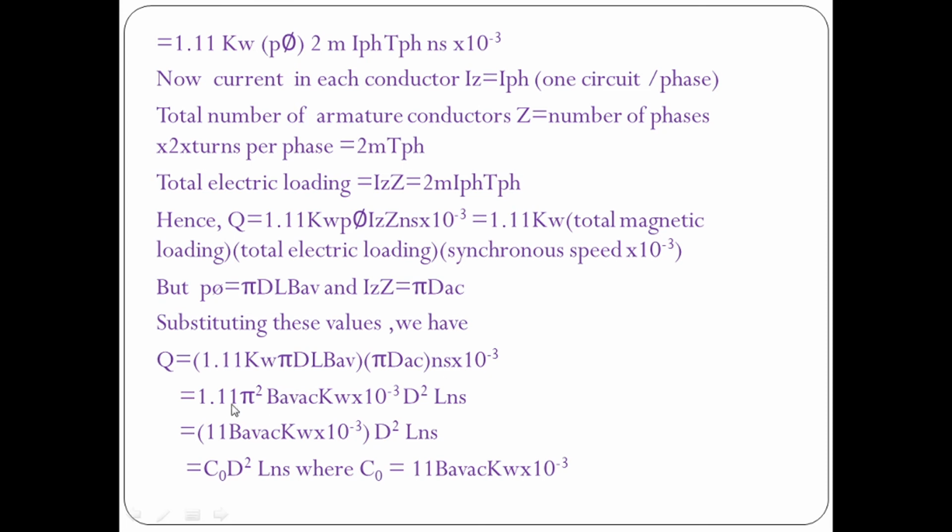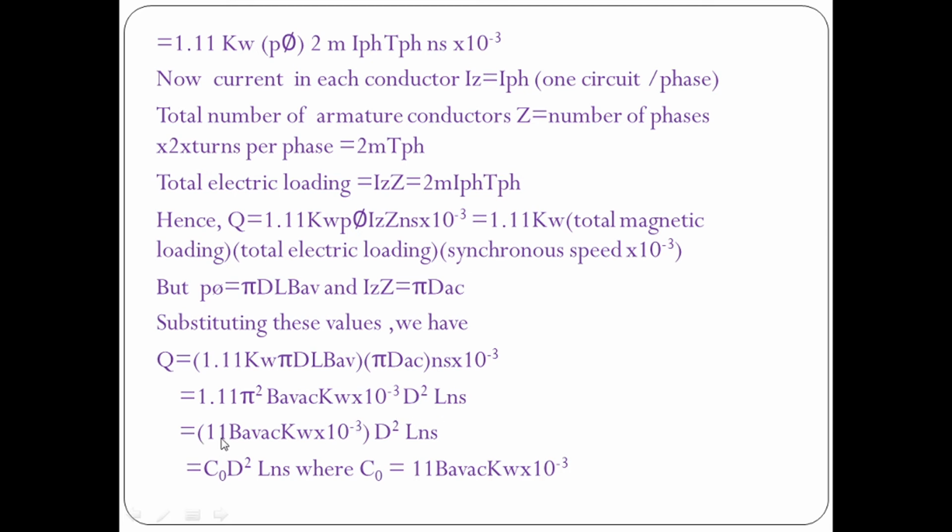So which is equal to 1.11 pi square. Here 1 pi is there, here 1 pi is there, so pi square BAV into AC into kW into 10 to the power minus 3 into d square into L into ns. So you are separating d square into L into ns, and you will be getting 1.11 pi square BAV AC kW into 10 to the power minus 3 d square into L into ns.